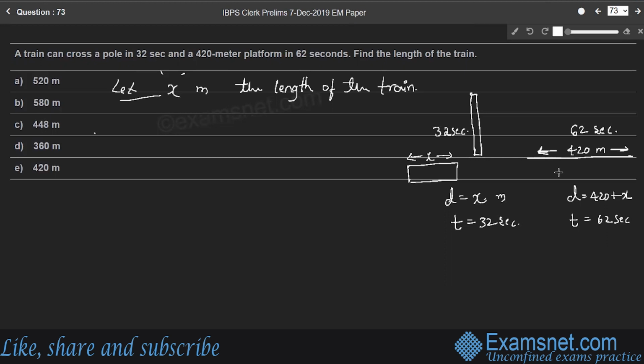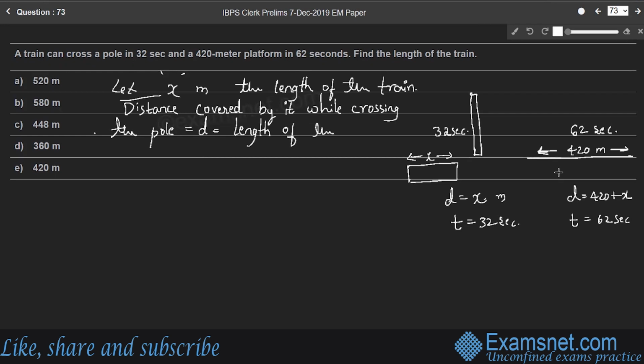Therefore, the distance covered by it while crossing the pole is equal to the length of the train, because the pole has very negligible length compared to the length of the train.